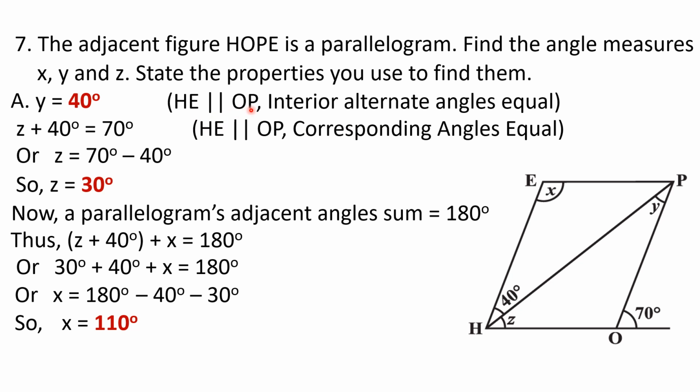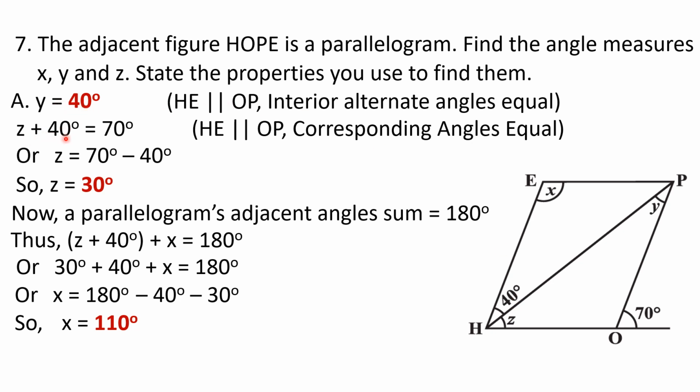Of course, they are also equal, but they are parallel. So HP is a transversal. So y and 40 are interior alternate angles and they are always equal. So that's why y is equal to 40 degrees.